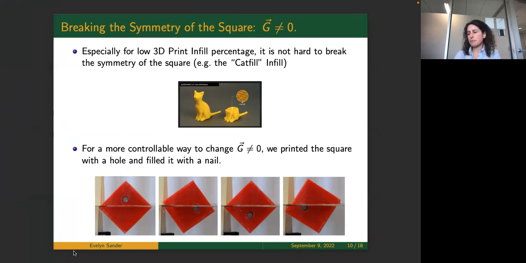In particular, if you print with a very, very low density, and especially with something like the cat infill, which is not reproducibly symmetric, what you end up with is a changed center of gravity based on the infill. So instead of thinking of this as a downside, we decided to go for it as a feature, and printed things with these nails that I described.